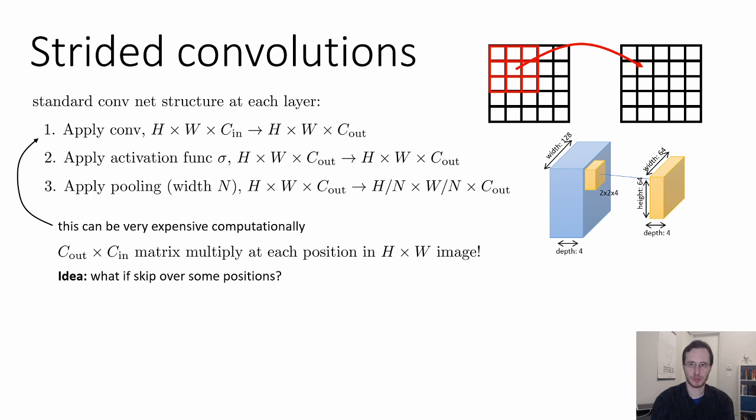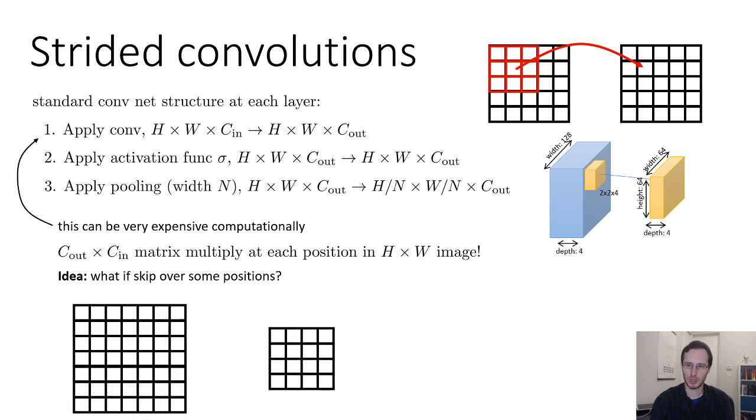What if you skip over some of the positions? So what if instead of evaluating the filter at every point in the input image, you actually skip a few points? So maybe you start here, then you slide over here, then you slide over here, then you slide over here. So notice here that we're jumping 2 pixels instead of 1 pixel. The filters are still overlapping, we're just jumping further.